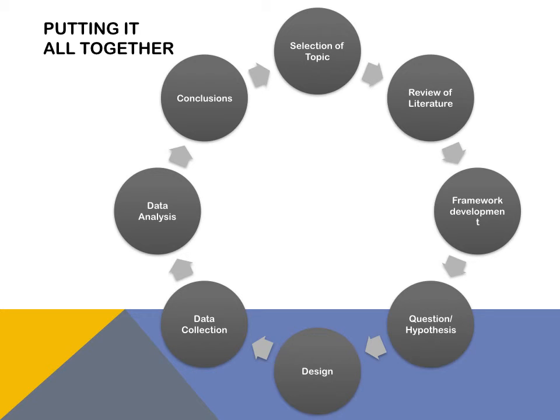We move into a research design. We then collect our data, either retrospectively or prospectively. We do the analysis of our data. We conclude with our data, and then that leads us back to the selection of our topic, the information that we found out from the review of the literature, our question, our hypothesis, our design. The conclusion really embodies everything, and you can see this is a circular process.